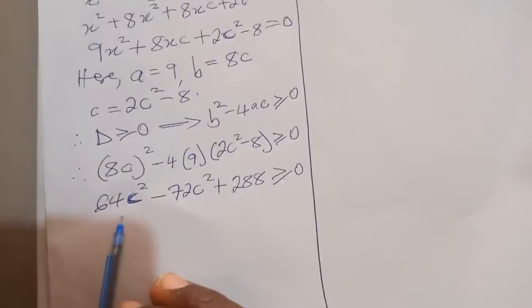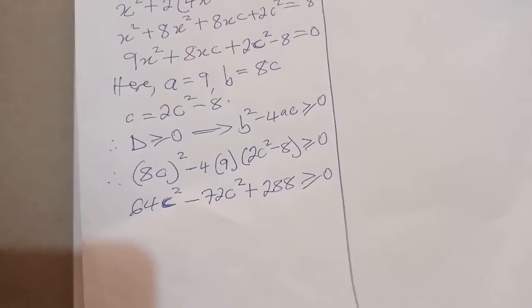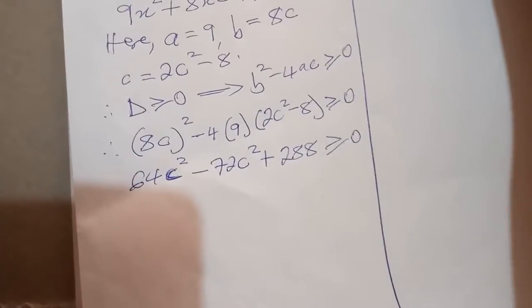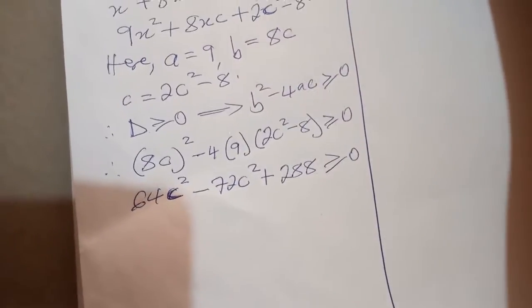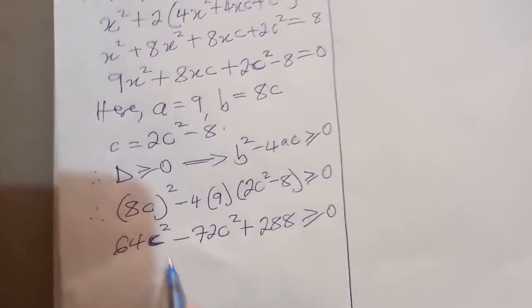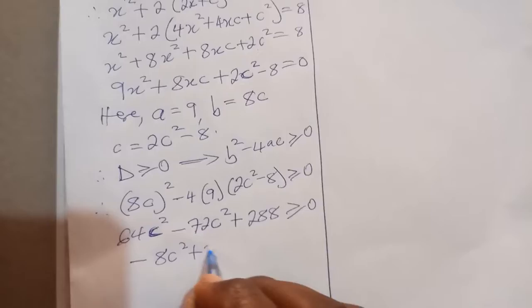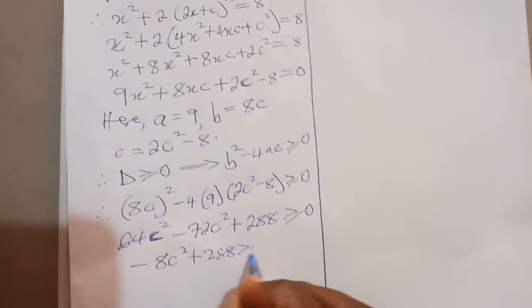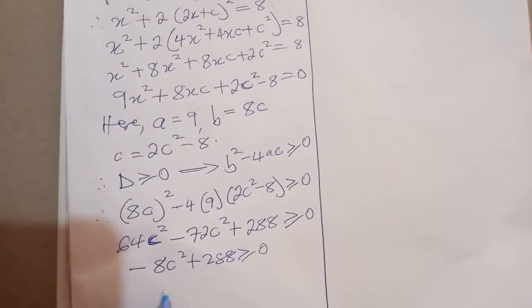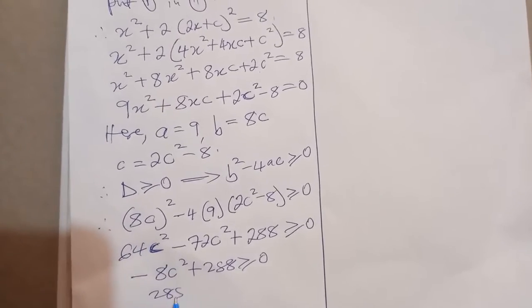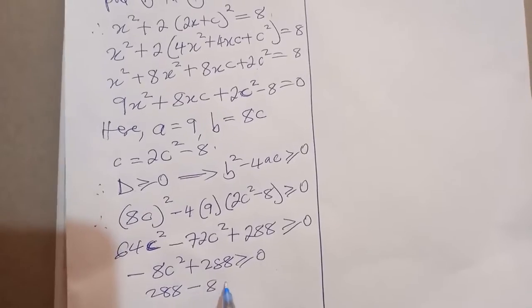Here we have 64c squared minus 72c squared. 64 minus 72 will give us minus 8c squared plus 288 greater than or equal to 0. So this is actually 288 minus 8c squared greater than or equal to 0.